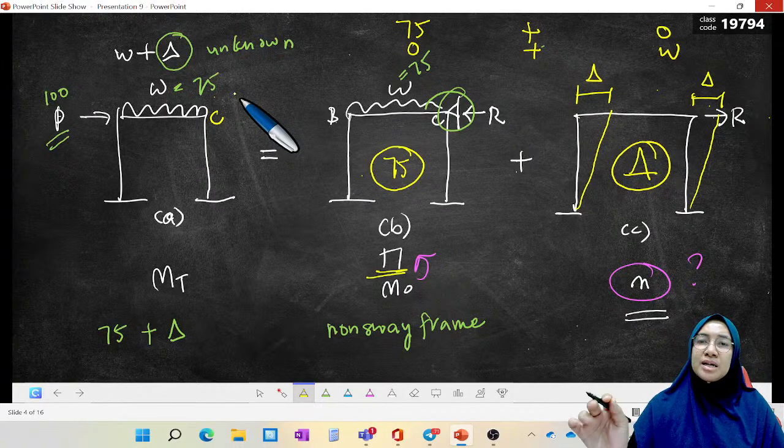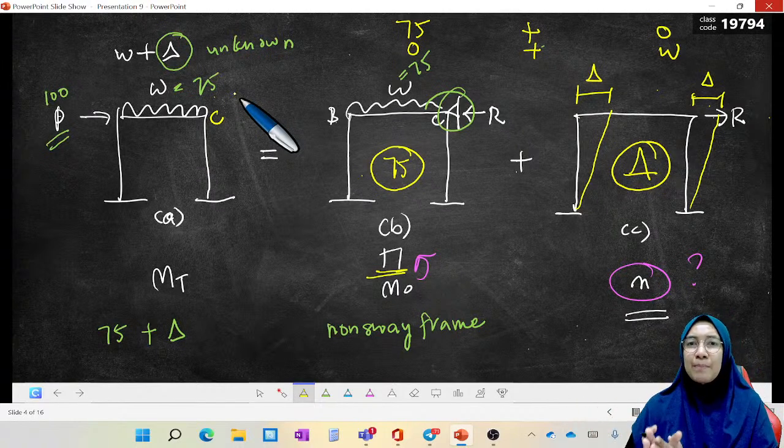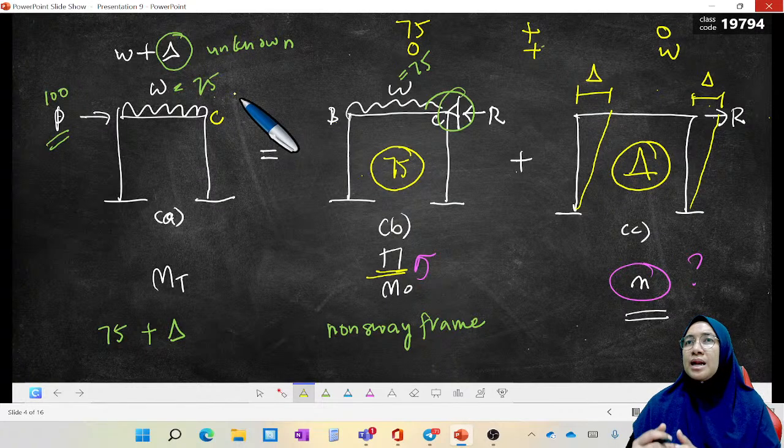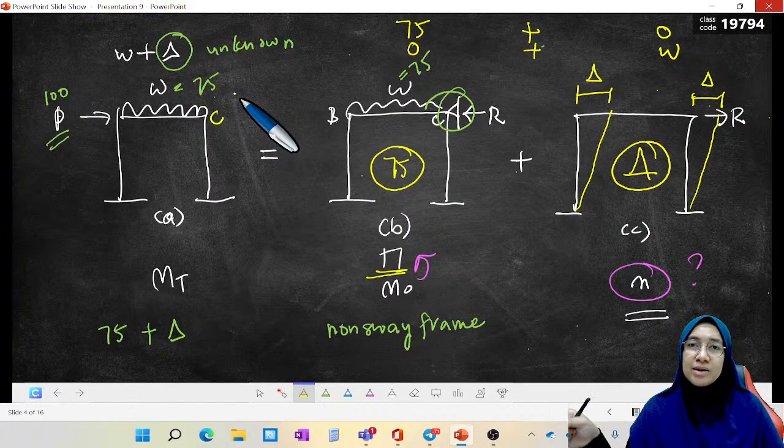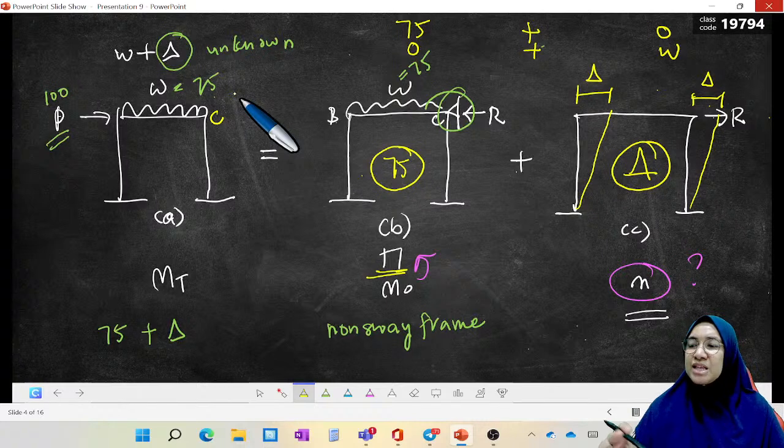The restraining force in diagram B in table 1 is in the left direction, which means we have to neutralize this R by another R in the right direction. So we have negative R plus R.